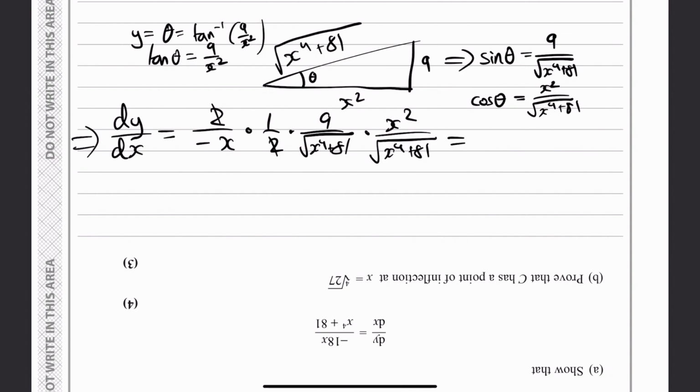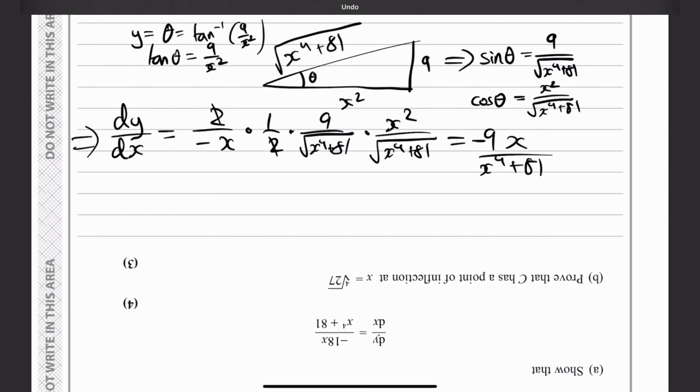The x is also cancelled, so we're left with 9x over this times this. I'm just going to move the negative up here as well, minus that, minus 9. Okay, we're definitely a bit closer now. I've made one small error somewhere, because they've got an 18 and I've got a 9. So where's my error?